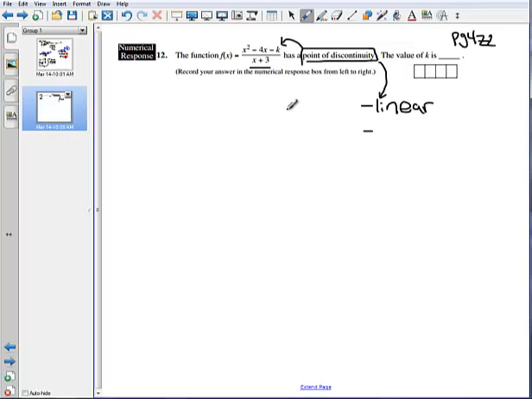Points of discontinuity happen on equations of a graph that have a denominator, and they happen at the spot where the denominator equals 0. So at some point on this graph, this value of x will make this equal 0. When I solve that, x cannot equal -3, because that will make this point of discontinuity.